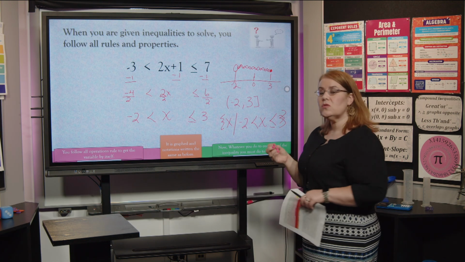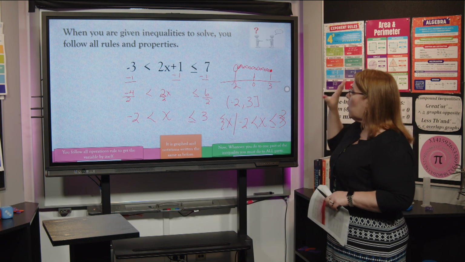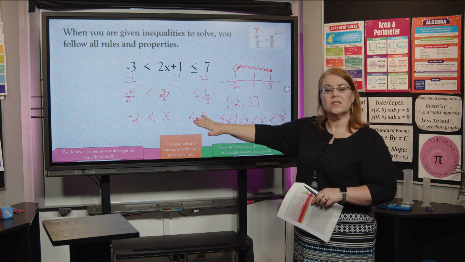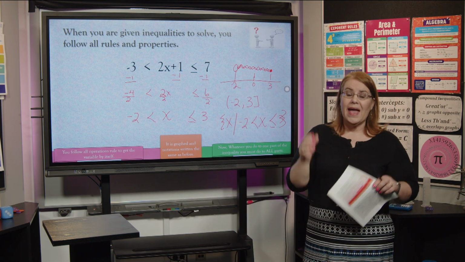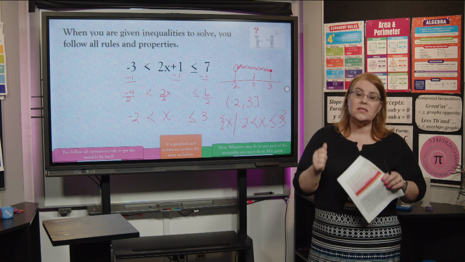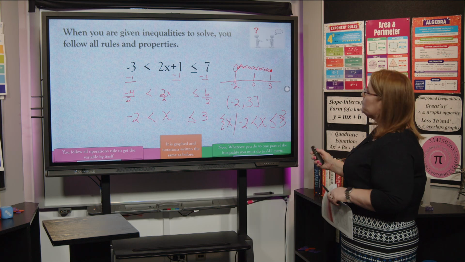So those are my two notations for this problem. All right, so we graphed it, we wrote our notations, and we worked our inequality. Remember, everything you do to one part of the inequality, you must do to all parts of the inequality. All right, so let's see what we have next.